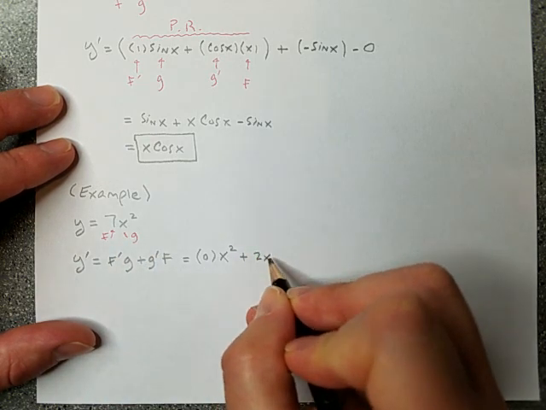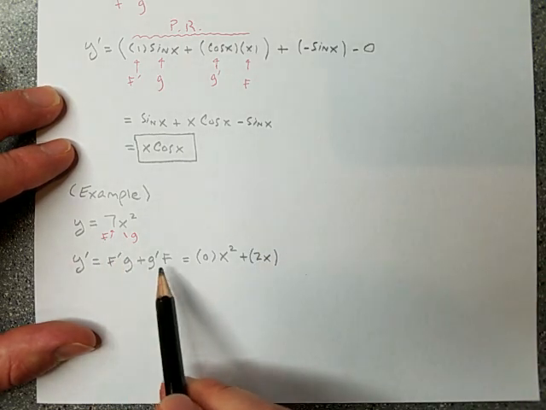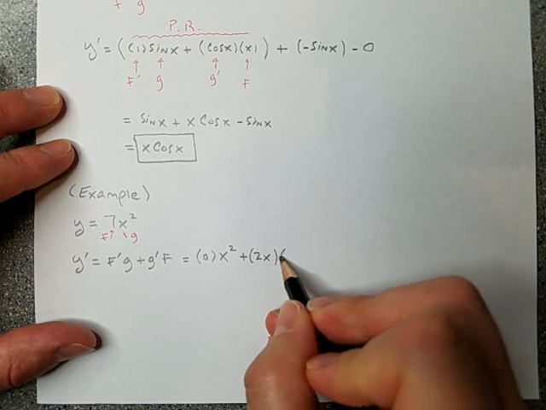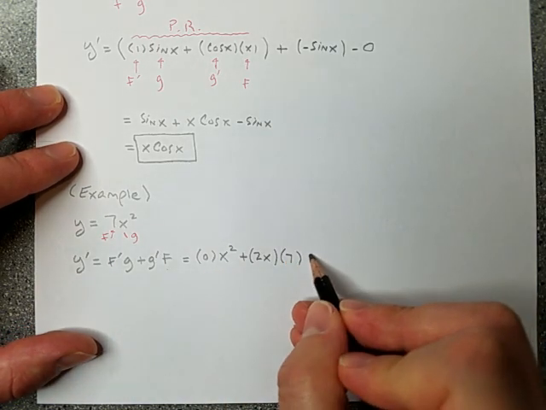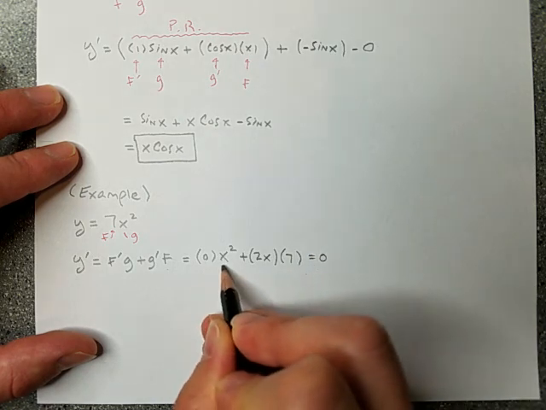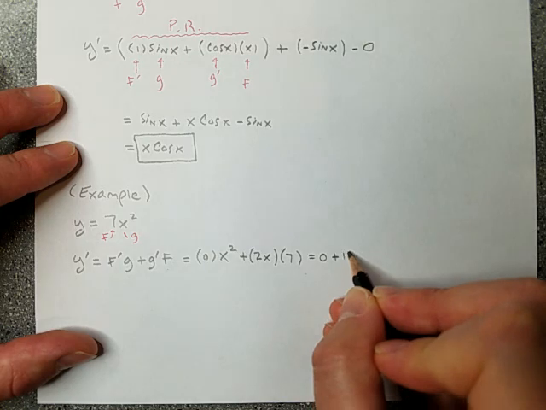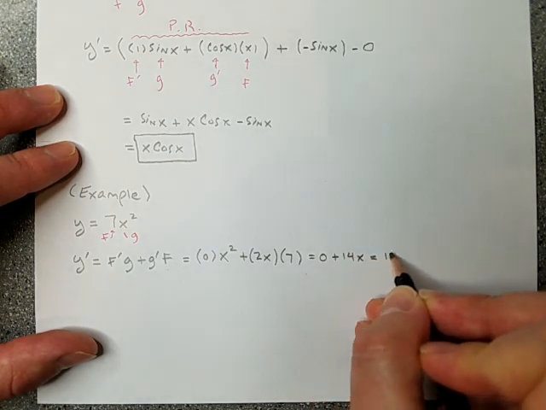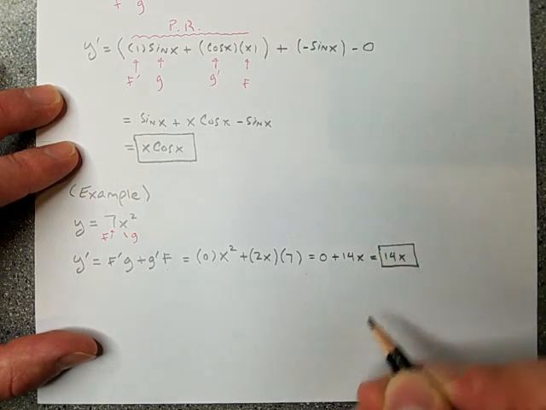That will be 2x. And then times f. What's f? f is 7. What does all that end up being? 0 times x squared plus, well, I got a 2 and a 7, so we'll say plus 14x. So 14x. All right, so that's what I get by the product rule.